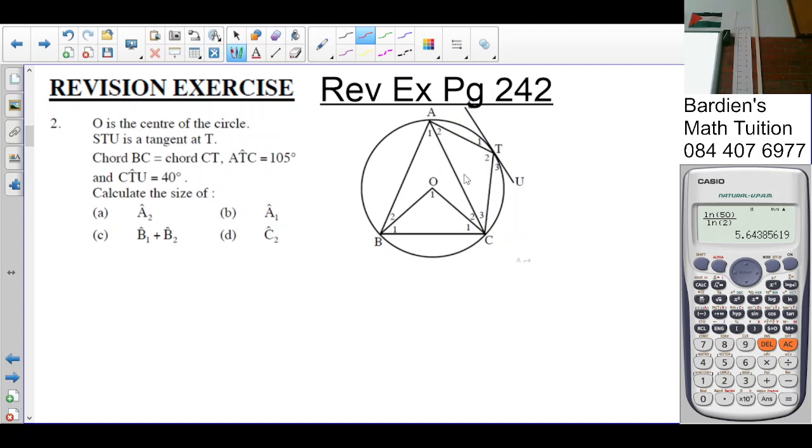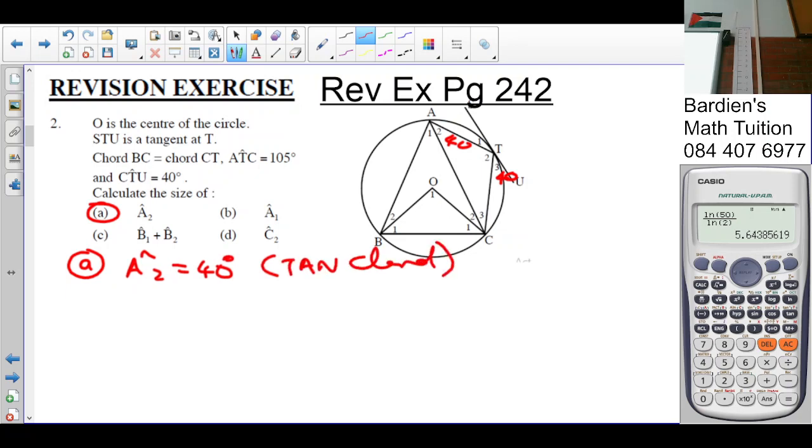So, we have 40 degrees there. The first question was to calculate A2. So, A2 is going to be 40, tan chord theorem. A1 is also 40.